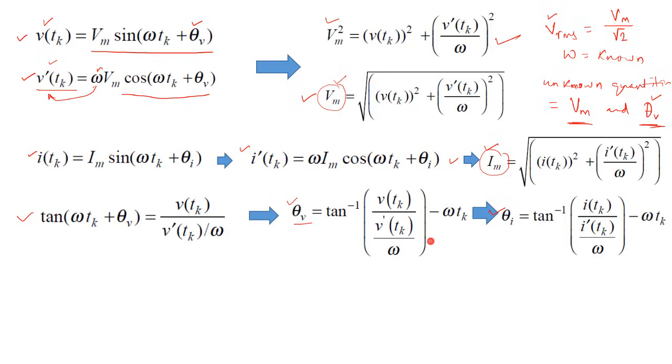Similarly, I can find the expression for theta I from the current equation, and theta I will be tan inverse of I tk by (I dash tk by omega), minus omega tk, right? These are similar expressions for the voltage and current phase angles, and also for the voltage and current magnitudes.